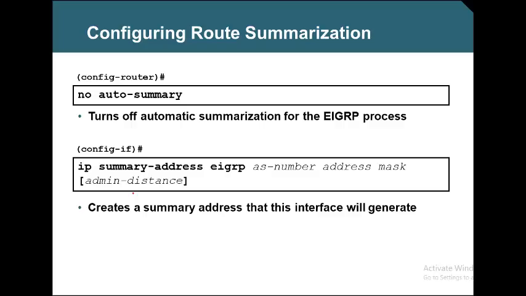Yeah, that's what I just said, but I'm going to repeat again. You see, this is the router which is advertising the summary route, and this is where you configured this command.